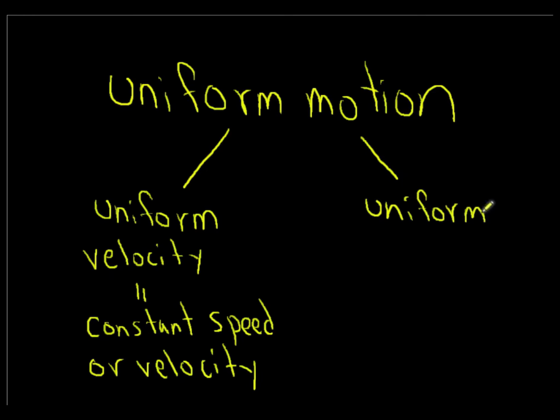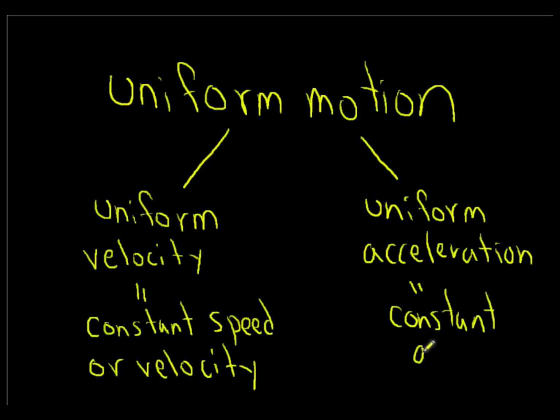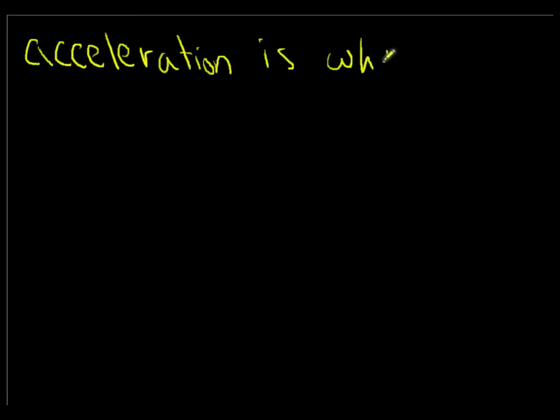There's also uniform acceleration. Uniform acceleration indicates changing speed, but constant rate of change, or constant acceleration. Acceleration is when an object changes velocity.